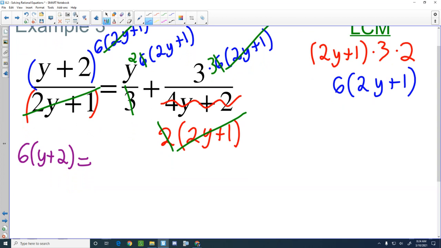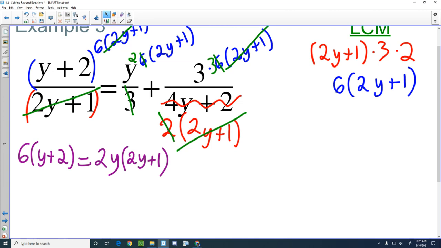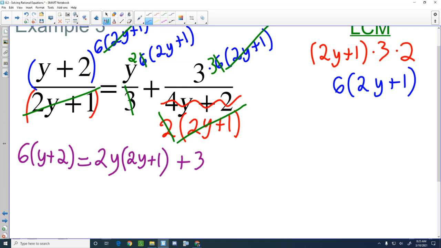And this middle fraction, my coefficients are a 2y(2y + 1). And then the last fraction, all I have is a 3 times 3, so plus 3 times 3. I didn't do any calculations in that step. I just rewrote it to get a clearer picture of the problem.